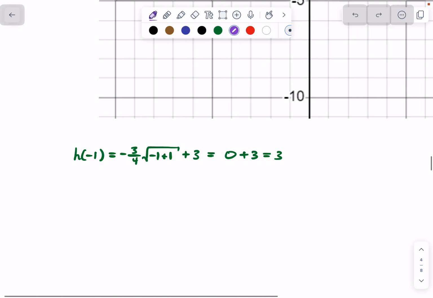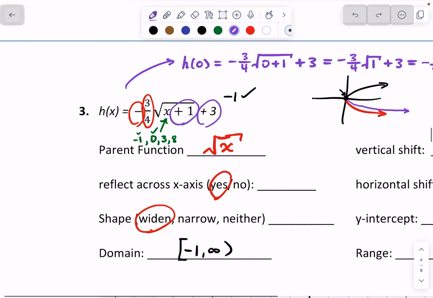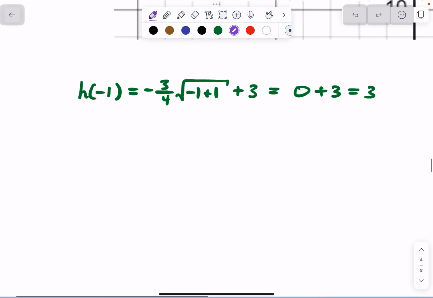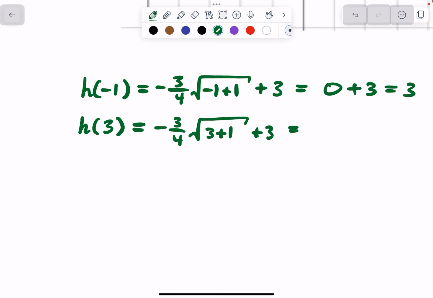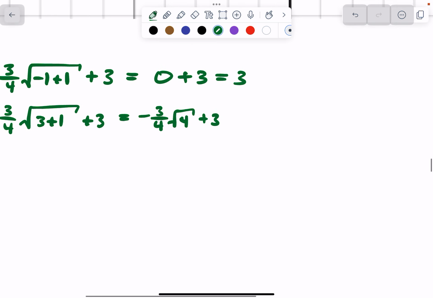Let's plug in, what did we say, 3? Yeah, let's plug in 3. h of 3. So we get -3/4 square root of 3 plus 1, plus 3 on the outside. So that's -3/4 times the square root of 4. Now you have to calculate the square root before multiplying.